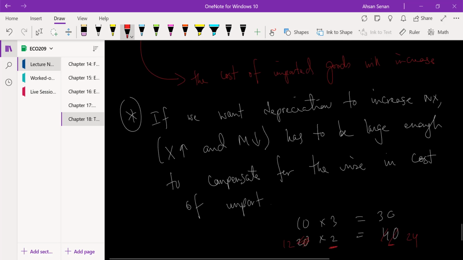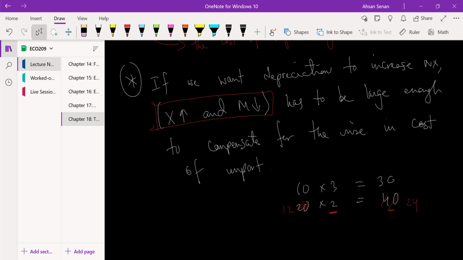So that's what this is saying, is that if we want depreciation to increase net export, then these two changes, rise in X and fall in M, have to be large enough to make sure that this increase in cost is enough to compensate.